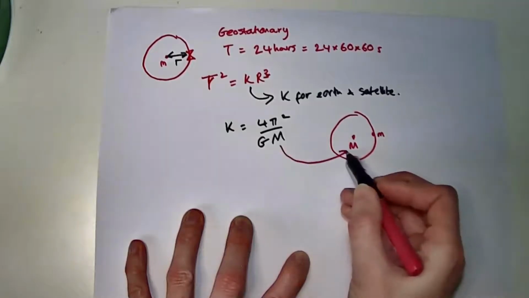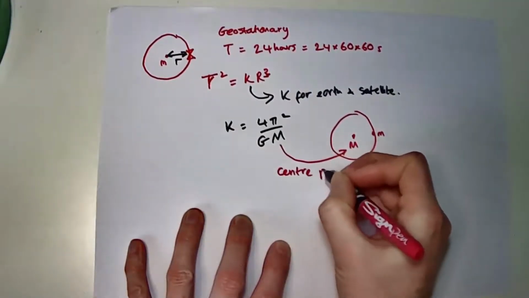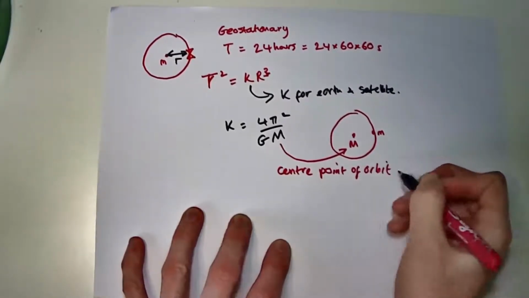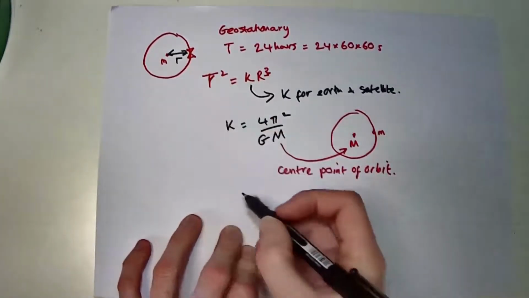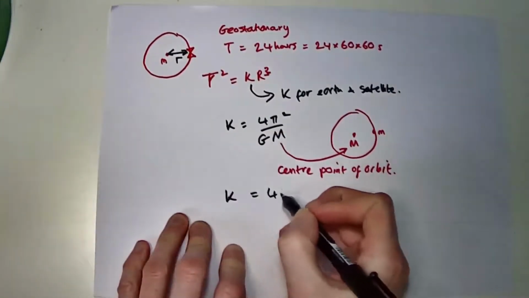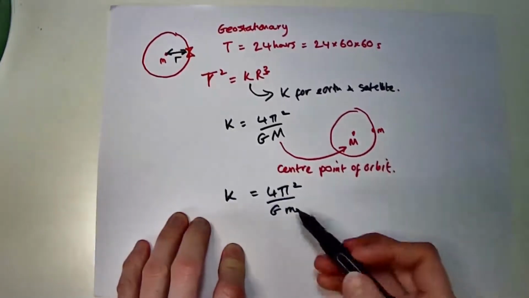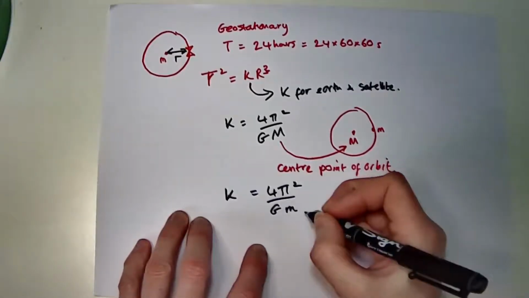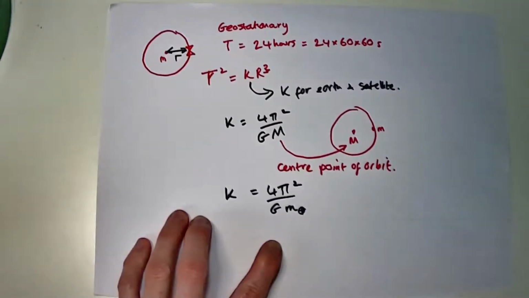So this is the center point. So that means that our k would change for this situation into 4 pi squared over G M, and that M is the mass of the planet now. And because we know it's Earth, we'll use the mass of the Earth symbol.